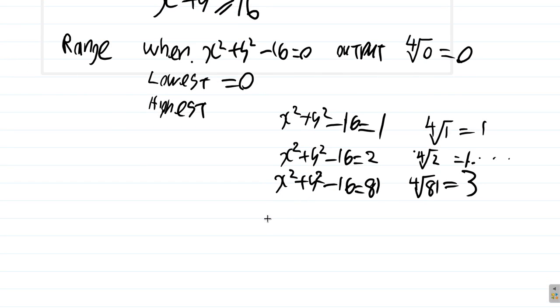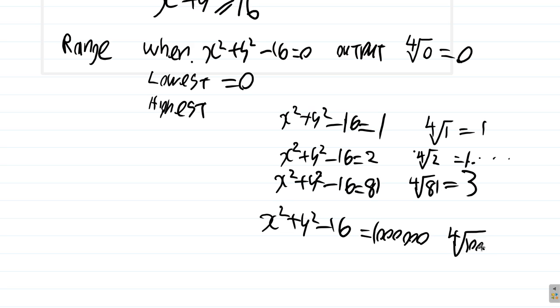If you keep going up and make what is under the fourth root sign equal 1,000,000, then the output is the fourth root of 1,000,000, whatever it is. You could make it 1,000,000,000, and so on. So the highest is infinitely large.